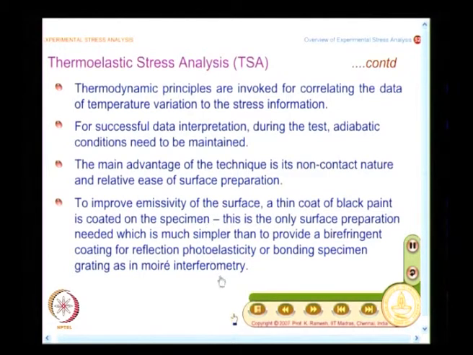And again it is a comparison, that is what is summarized here. This is the only surface preparation needed, which is much simpler than to provide a birefringent coating for reflection photoelasticity or bonding specimen grating as in Moiré interferometry, so on and so forth. You can cite many such comparisons, that is not something difficult.